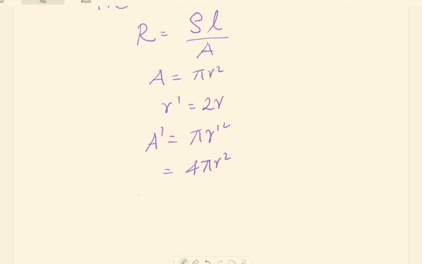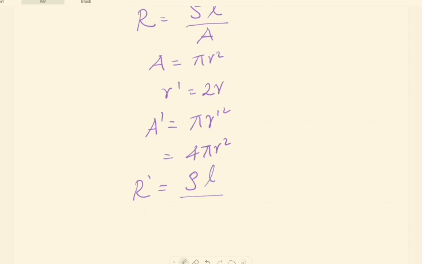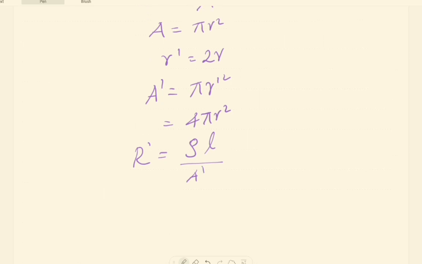Now what will happen? The resistance of the conductor after doubling the radius, keeping the length constant, will be the resistivity times the length divided by A prime, which is 4 pi r squared.